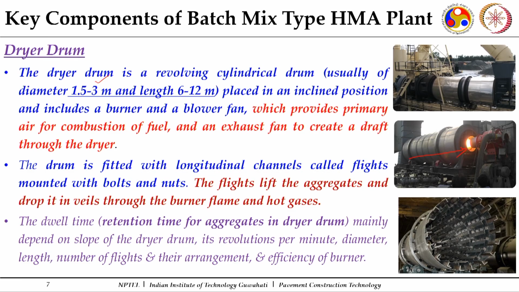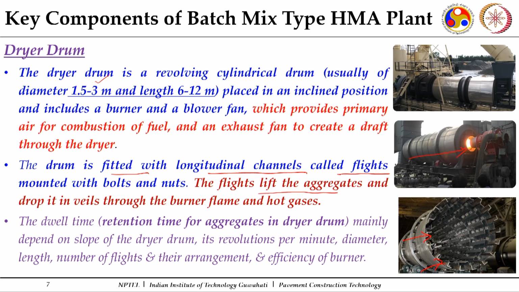Inside this, you have these longitudinal channels, as you can see here. This is an inside look. These longitudinal channels are also called flights, and they are mounted with nuts and bolts. What is their specific purpose?